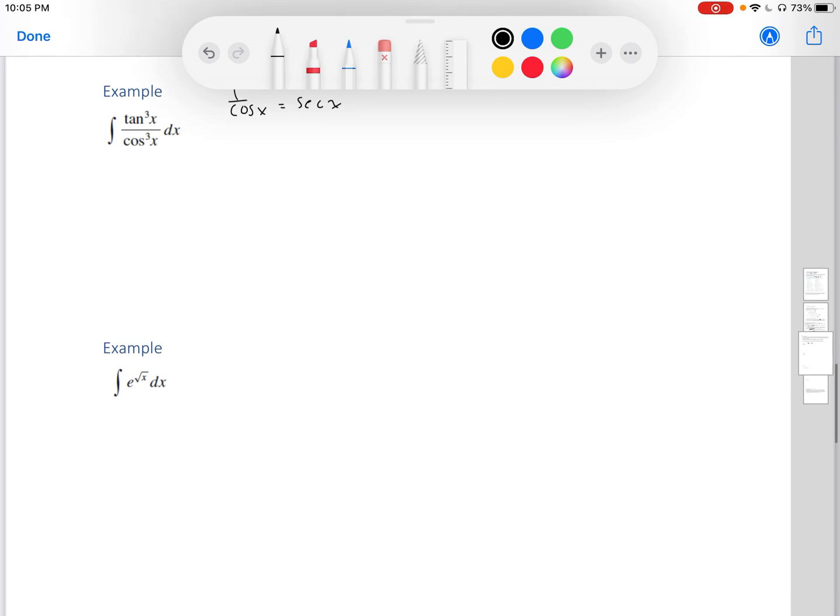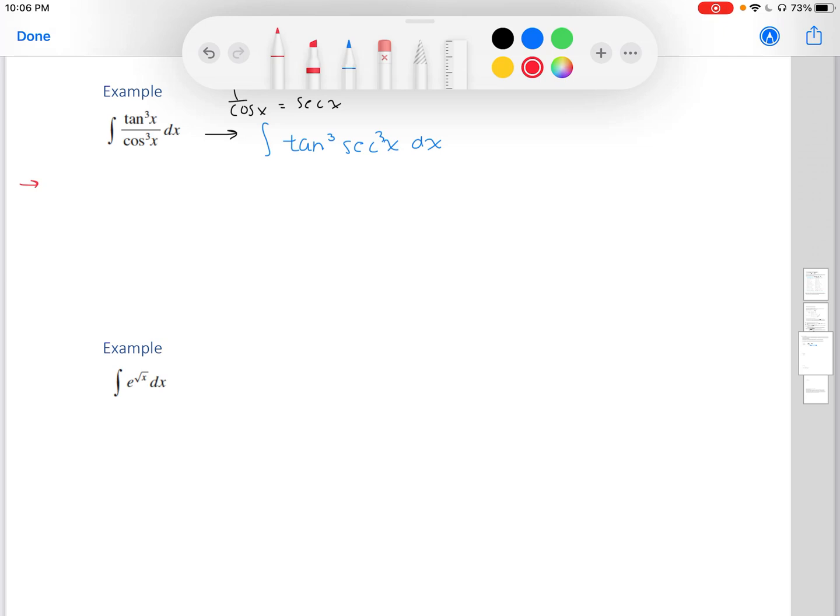So we make that change and we have... that wasn't too helpful, right? Tangent and secant is an ideal pairing. Well, let's go ahead and write everything in terms of sine and cosine. Maybe that will give us a better effect.